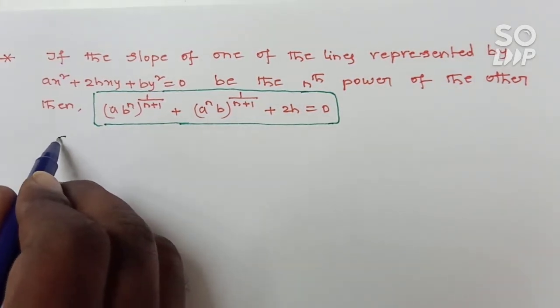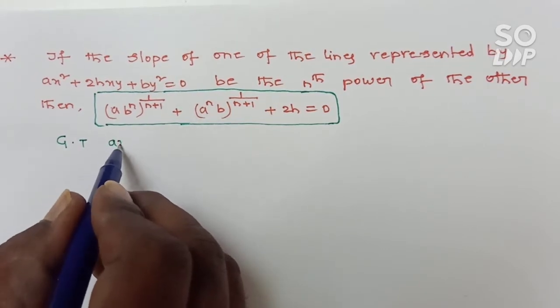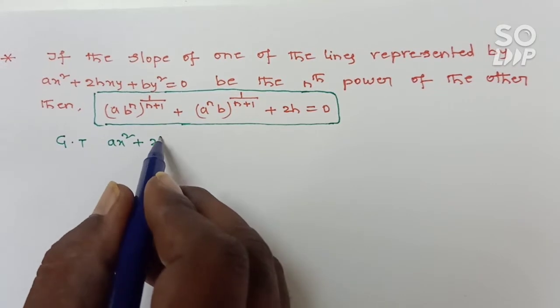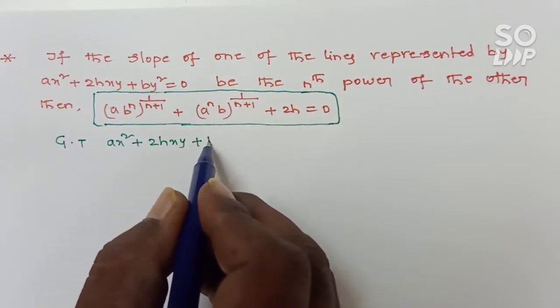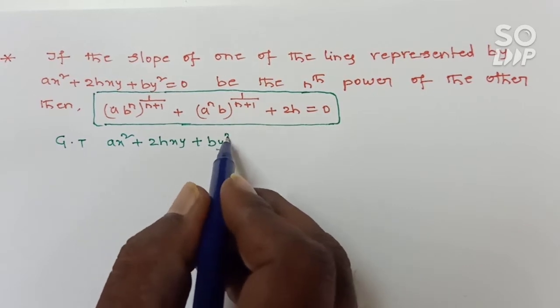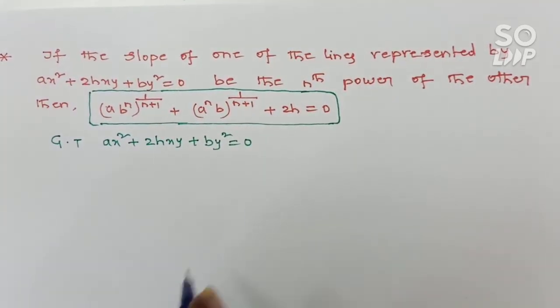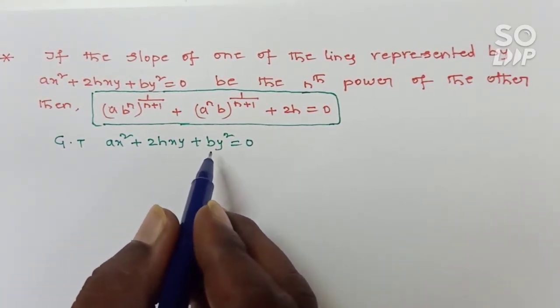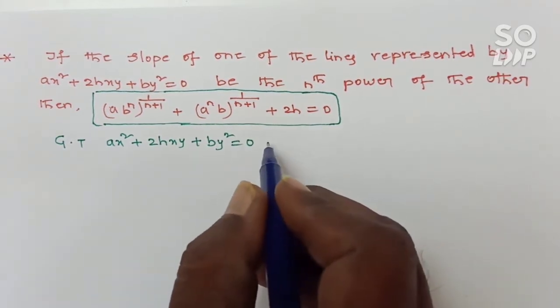What is the given equation? Given that a into x square plus 2h into xy plus by square equals 0. Let m1, m2 be the slopes of the lines represented by this equation.